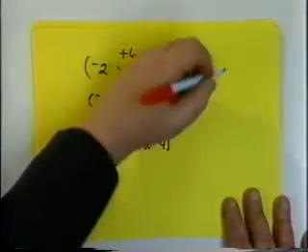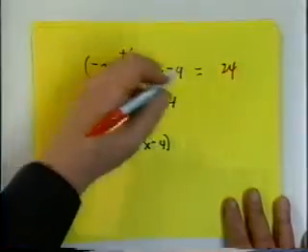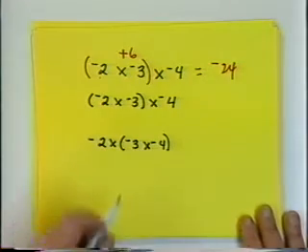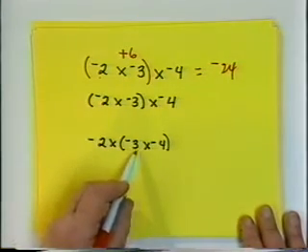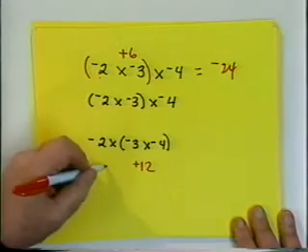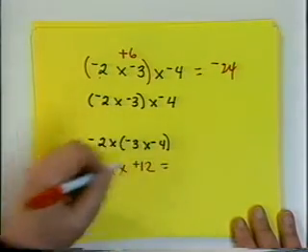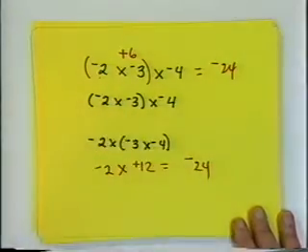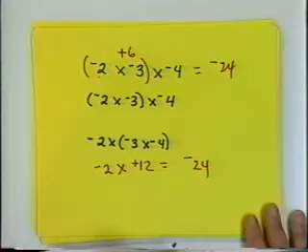The 6 times the 4 is 24. Positive times negative is negative, so the answer is -24. By the way, if you group them this way, -3 times -4 is +12. +12 times -2. 2 times 12 is 24. Negative times positive is still negative. The answer comes out the same.